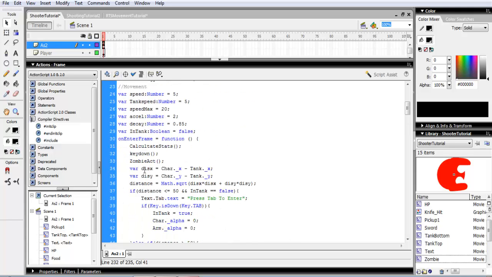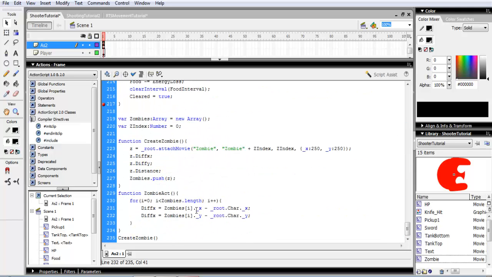The distance: var disX equals char._x minus tank thingy, and then distance equals diffX times diffX plus diffY times diffY.